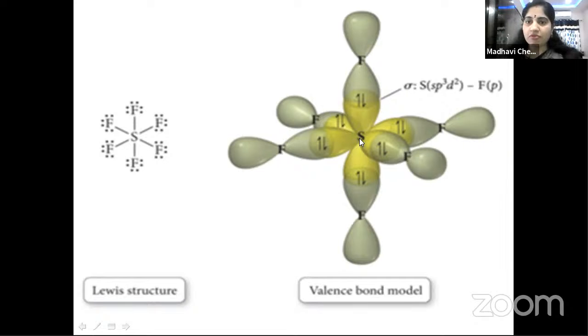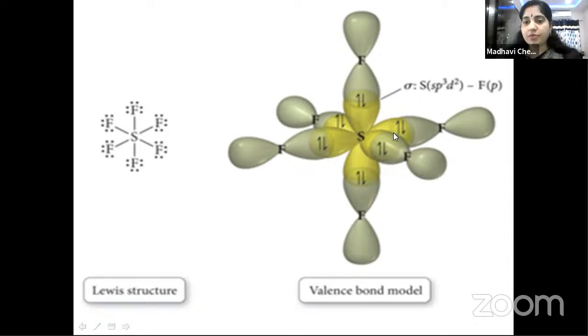Do you know the atomic number of fluorine, children? 9. The electronic configuration is 1s2, 2s2, 2p5. So each fluorine has one p orbital with one unpaired electron. The p orbital has a dumbbell shape. The p orbital of a fluorine which has an unpaired electron will overlap with the sp3d2 hybrid orbital of sulfur and form an sp3d2-p sigma bond.